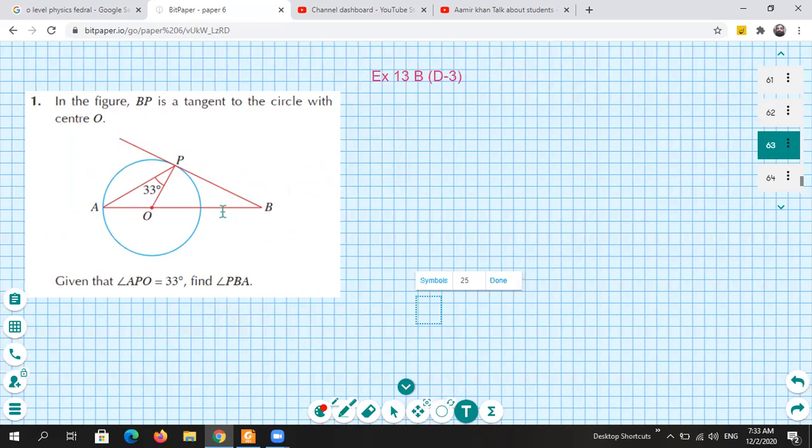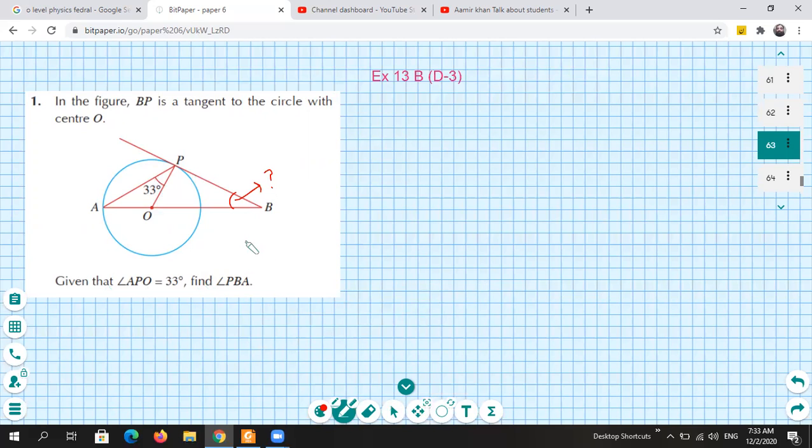Question number 1 says, in the figure, BP is a tangent to the circle with center O. You can say this BP line is actually a tangent that intersects the circle at P, and the center of the circle is at O. So given that APO is equal to 33, this angle is 33 degrees. So we have to find the angle PBA. PBA is the angle, so this is unknown.